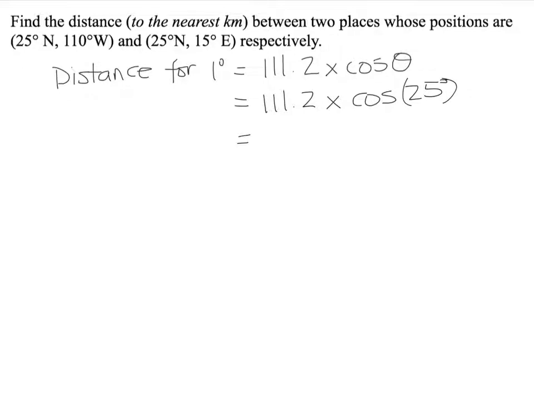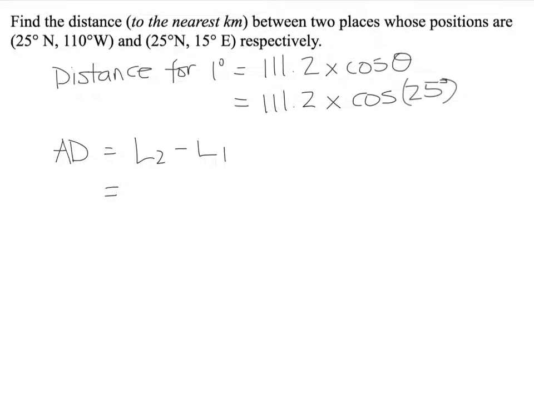So then down here, our angular distance is going to equal longitude 2 minus longitude 1.